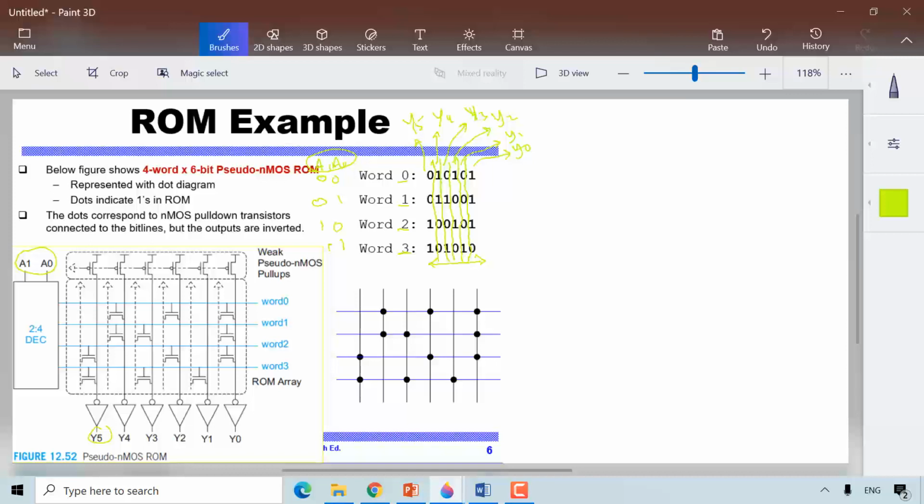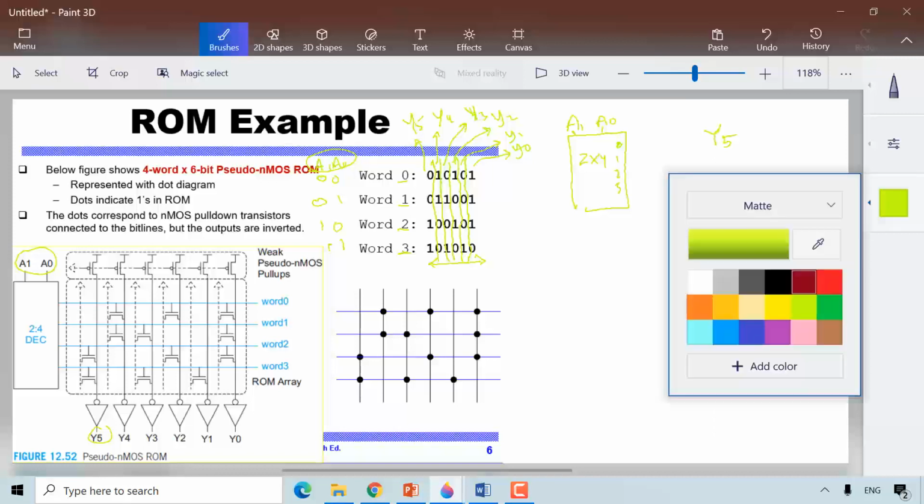Now, clearly, what I could do is, every one of those bits is a function by itself. So I can implement Y5 as follows. I can take A1 and A0 and feed them into a decoder, a 2 by 4 decoder, and I'll get the 4 outputs 0, 1, 2, 3. These represent the words or the minterms.